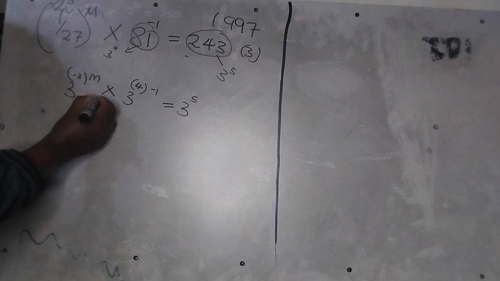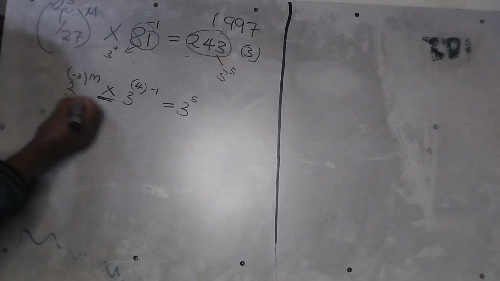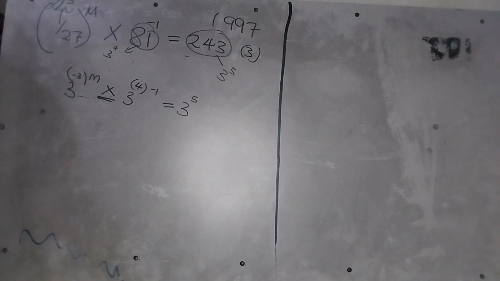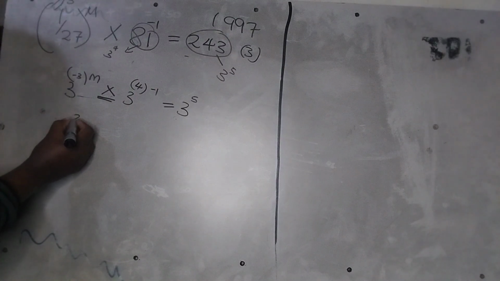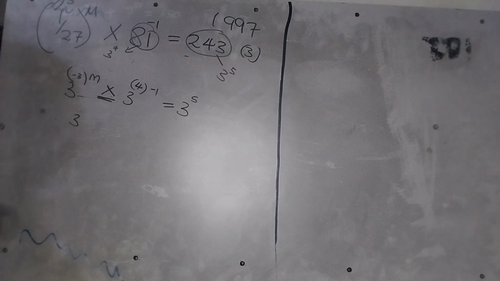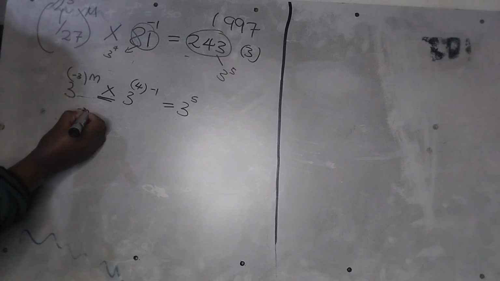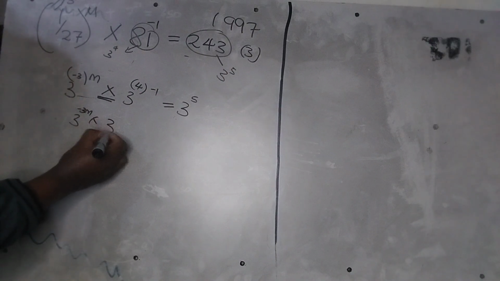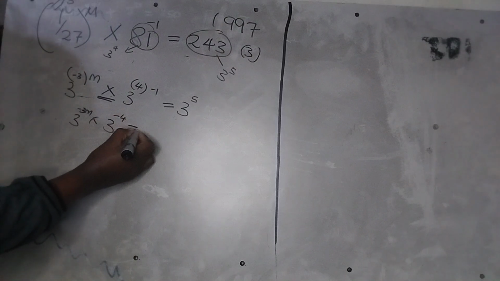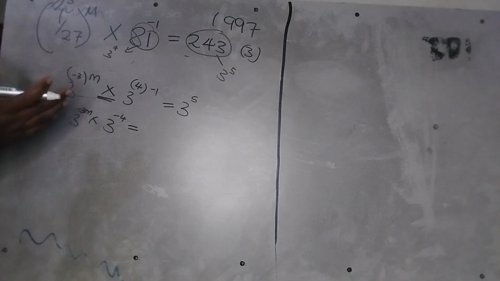A basic of indices: when you see the same number separated by a multiplication, that means you add the powers. Just pick the number, then use a common power. What do I mean? 3 raised to power -3 times m becomes -3m, times 3 to power -4.